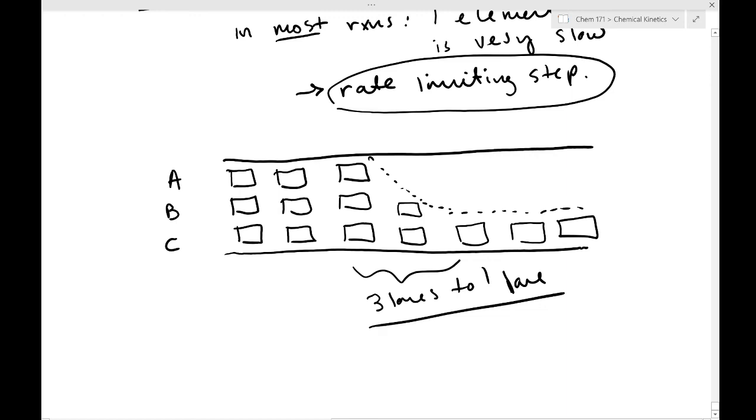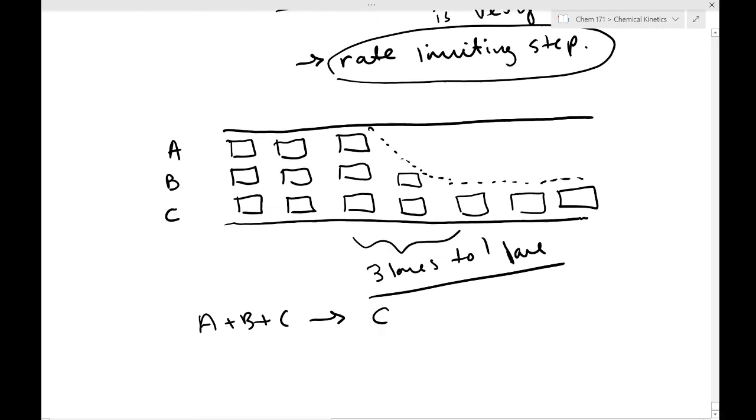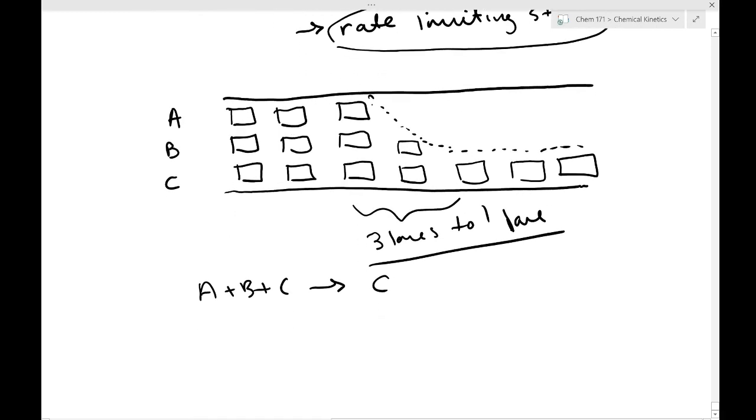Now the reason that this whole overall shift between 3 lanes, A plus B plus C, goes into just C, the reason this takes so long is because of this one step of going from here to here.